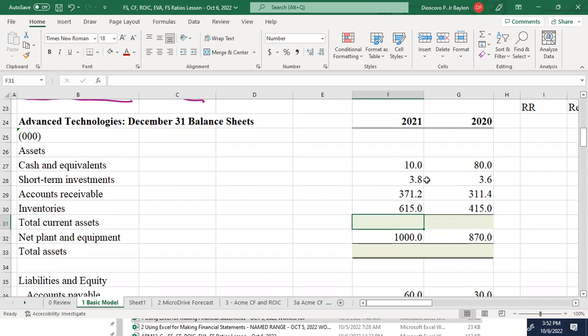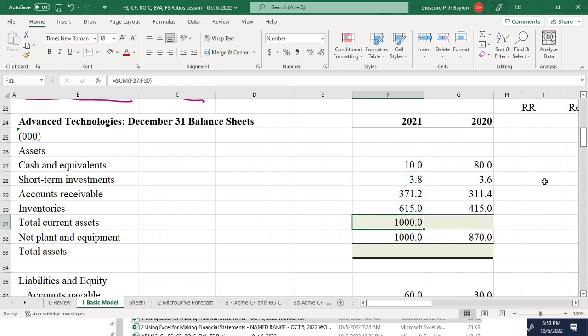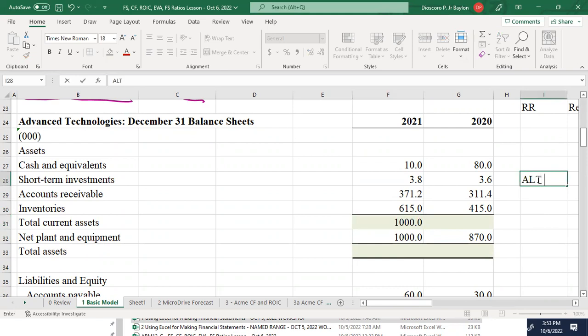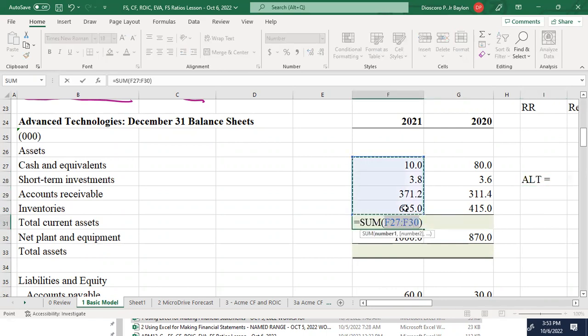If the numbers are together, like this, I would use alt equal to. That's the shortcut. So just to give you a hint, alt equal to, and then automatically I get the sum function.